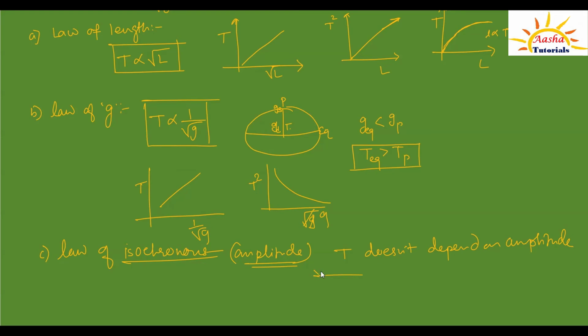Suppose you have here a pendulum. This is a pendulum. And this pendulum, suppose if I displace it from its mean position by a certain angle theta here. And again, this is first case. And again in second case, suppose if I displace it by more angle, large angle here.